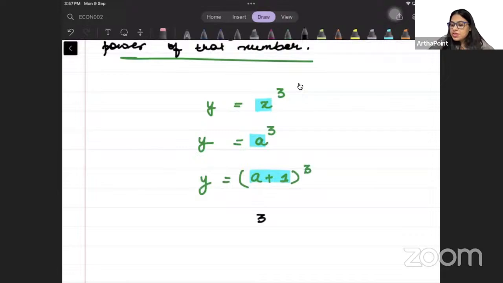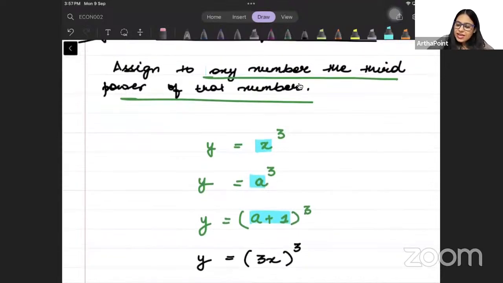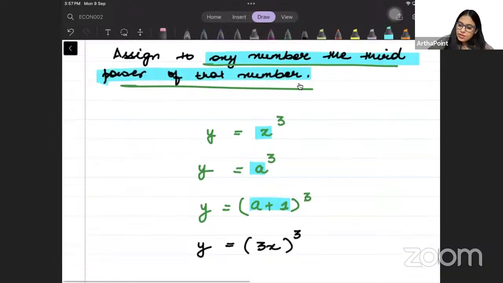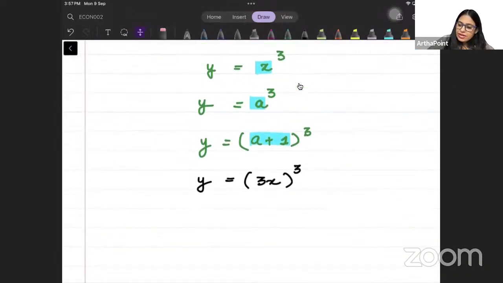Let the number be 3x. Then you assign its third power. That will be the new number. समझ रहे हो? This is how we are saying that the function is defined. ये rule यहाँ पे दिया गया है. ठीक है?